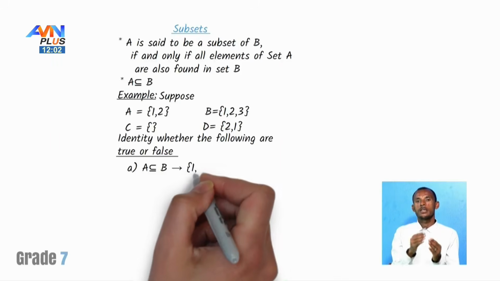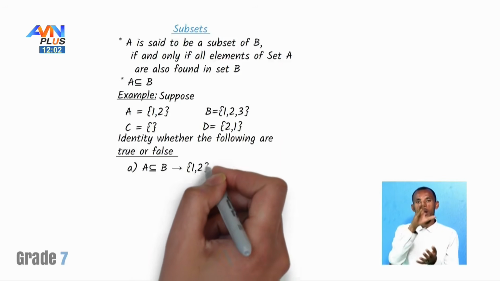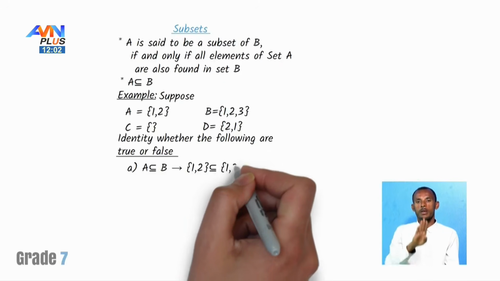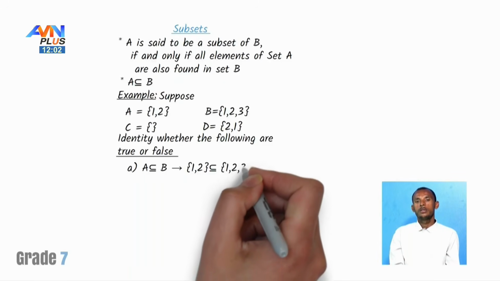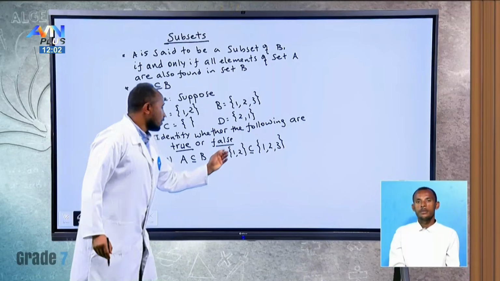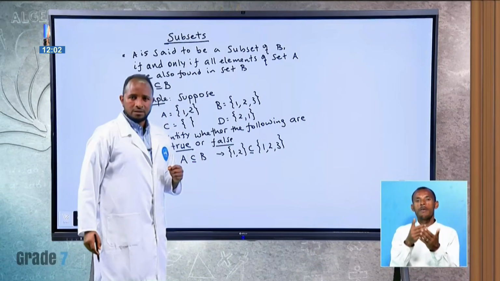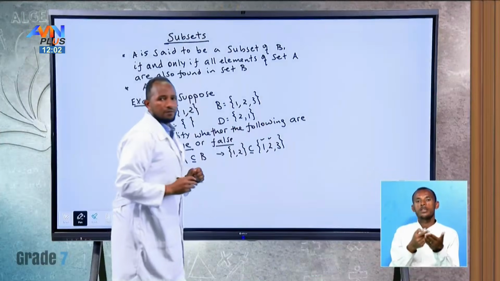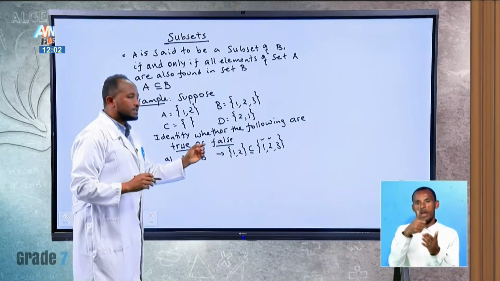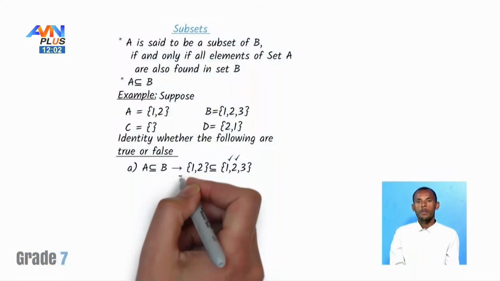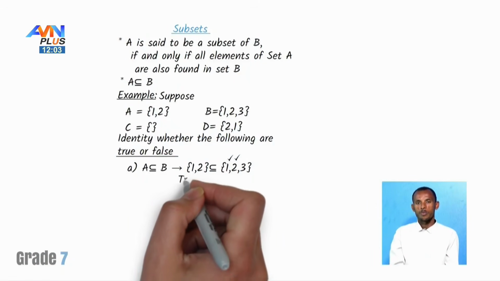Set A contains the elements 1 and 2. Set B contains the elements 1, 2, and 3. Are all these elements found in this set? Yes. 1 is found here, 2 is also found here. All elements of this set are also found there. Therefore, A is a subset of B is a true statement.